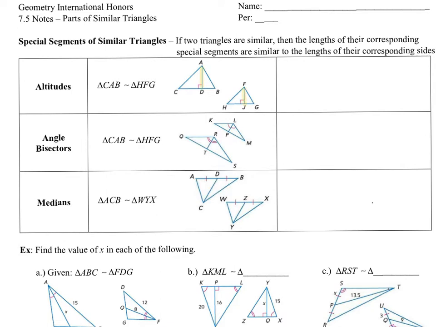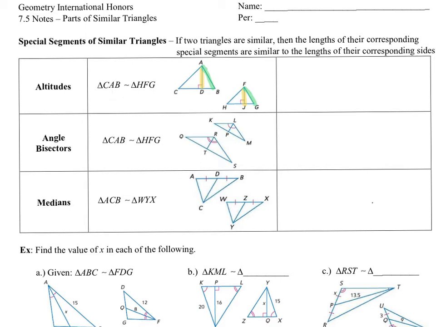Okay, and then since those altitudes are proportional to any pair of corresponding sides, let's write a proportion. Let's look at side AB, which would correspond to FG. If you look at the similarity statement, notice that AB is the second two letters mentioned in the name of this first triangle, and FG is the second two vertices named in the second triangle, so they for sure correspond.